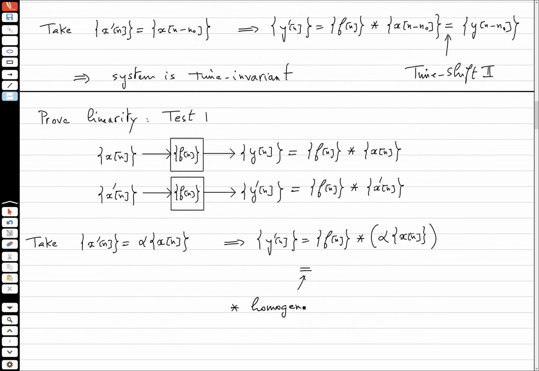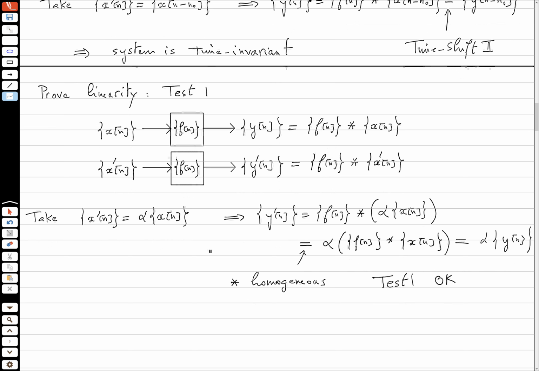Because convolution is homogeneous, you can put the alpha outside. But that gives you y of n. So, is it working? Yes. Test 1 okay.